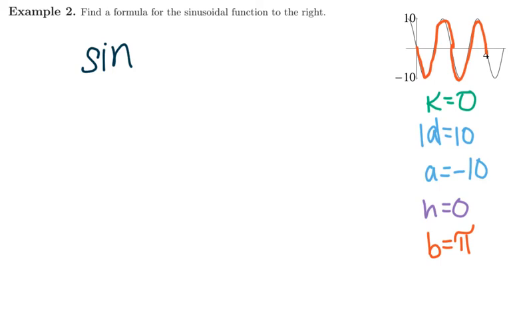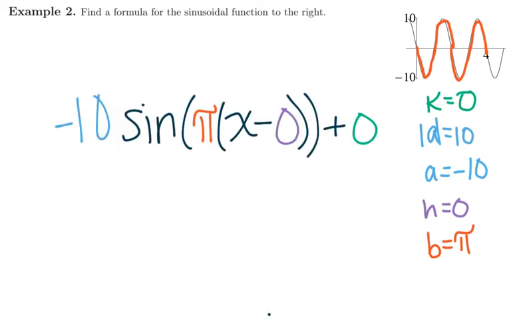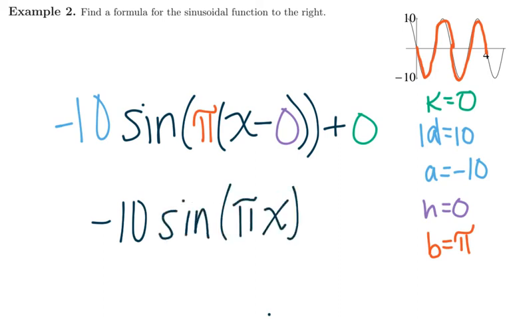So now I've determined my A, my B, my H, my K, and now I can write the full formula for this function that's pictured here at the right. We've got -10 times sine of pi times x minus 0 plus 0 is the function for the graph. So that simplifies to 10 times sine of pi x.